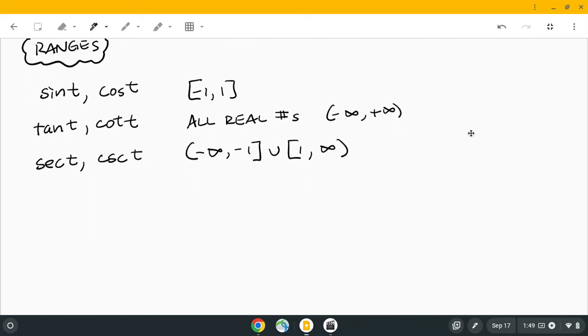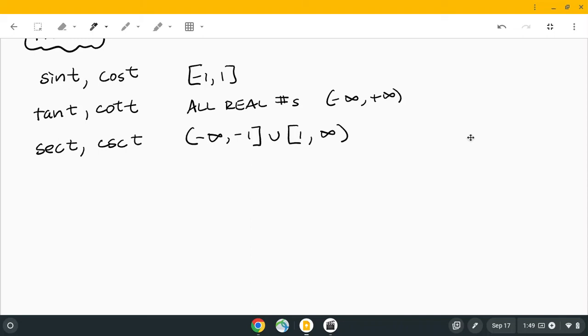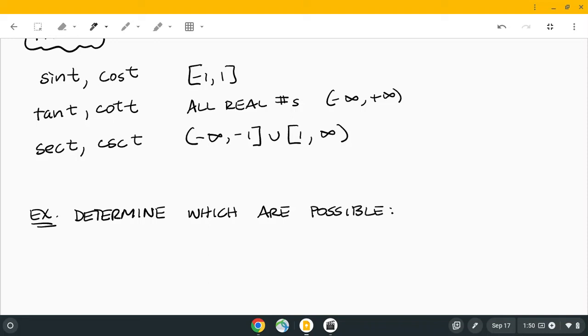All right, so you'll get a question like this on the homework. It's more of a multiple choice kind of thing. So you'll get something like this: determine which are possible. And you'll have these choices like, is it possible to get sine of z equals 1.5?